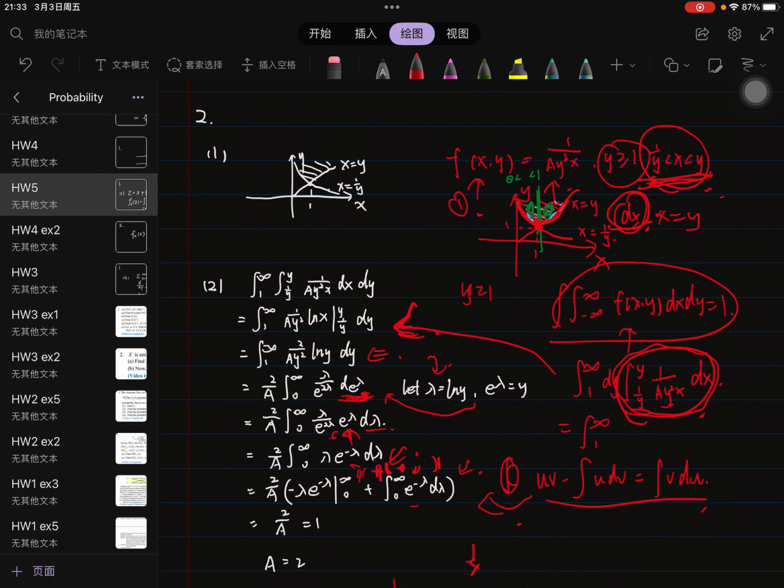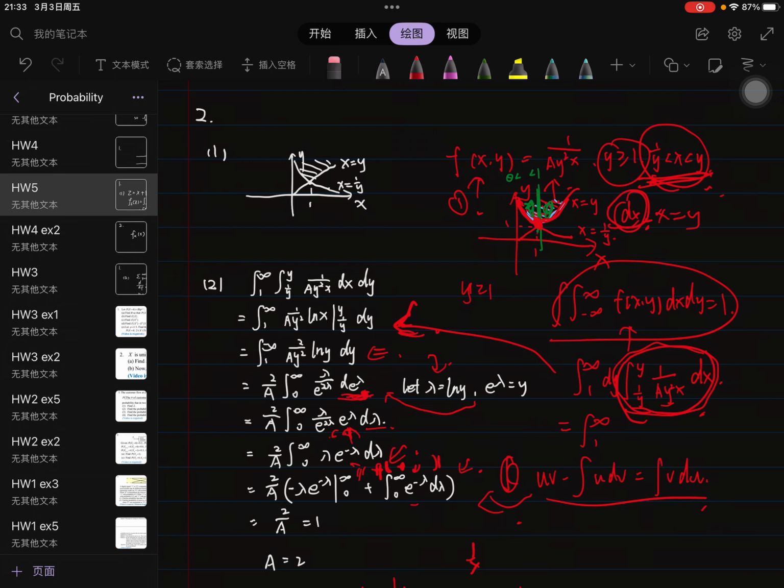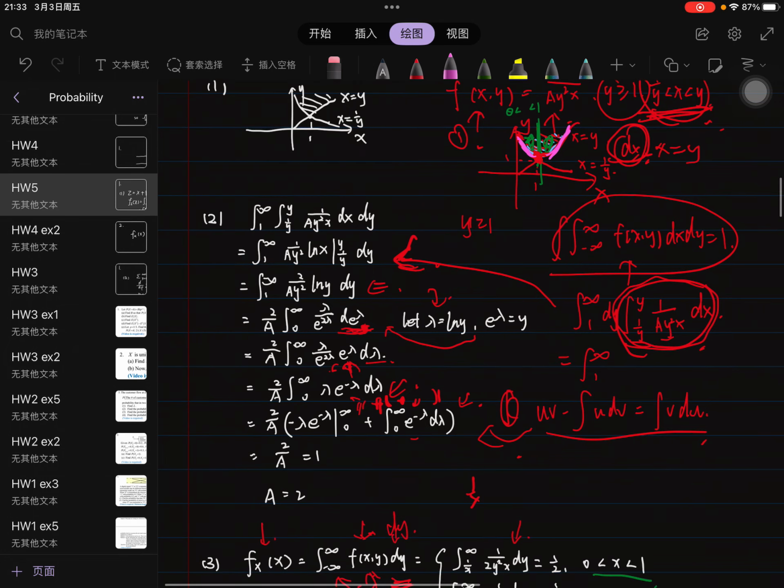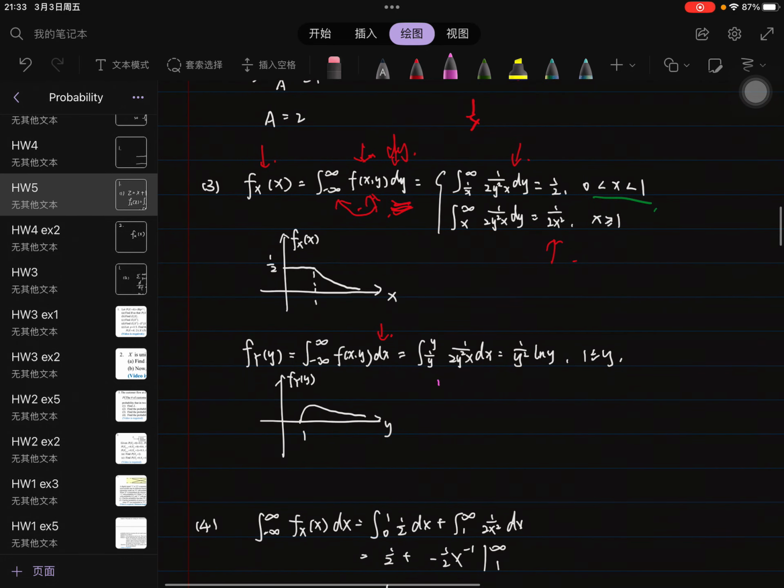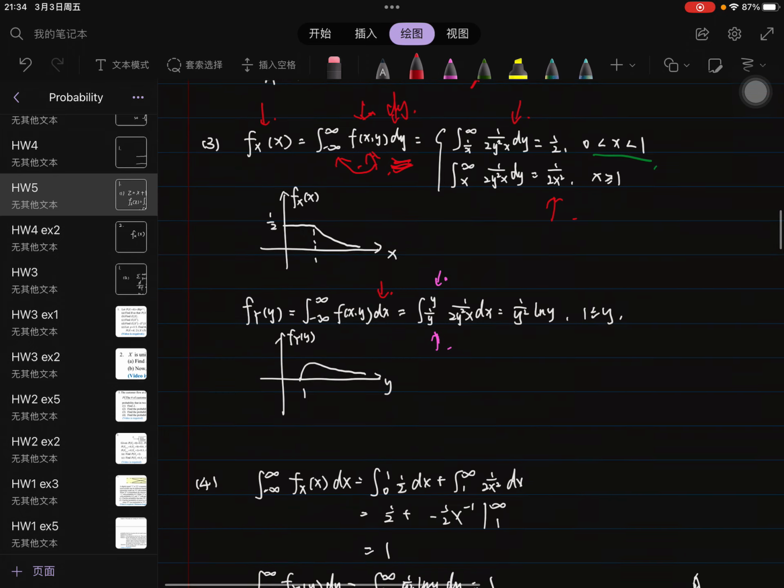For the range of x, the lower bound is 1 over y and the upper bound is y. Solving this, we get the result here, but we are given that y is larger than 1. That is why we don't have this part of the figure.